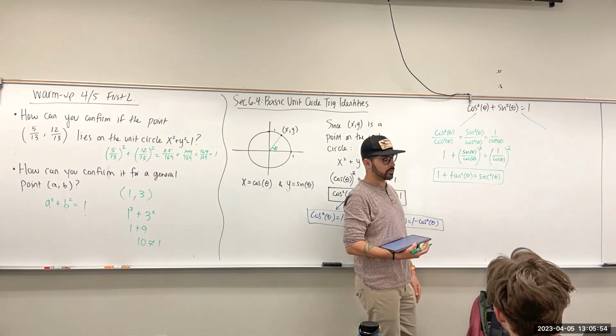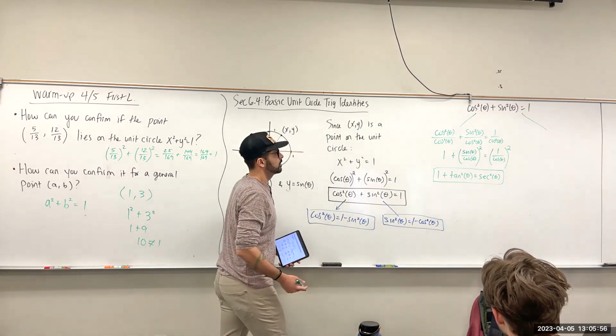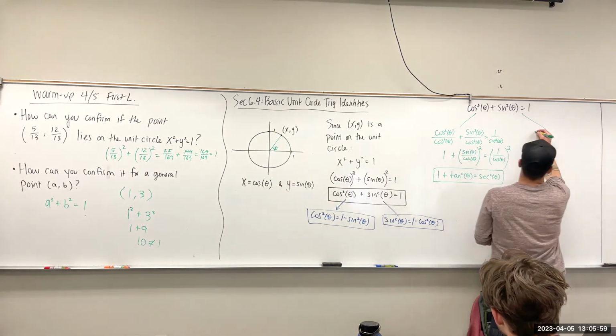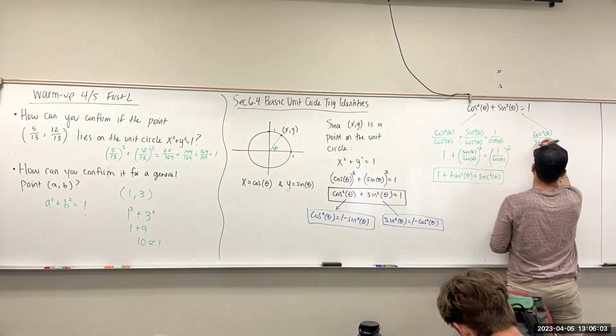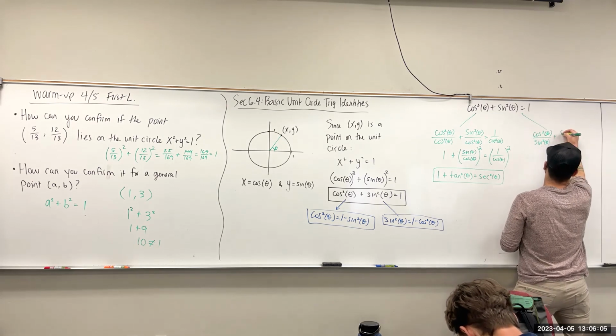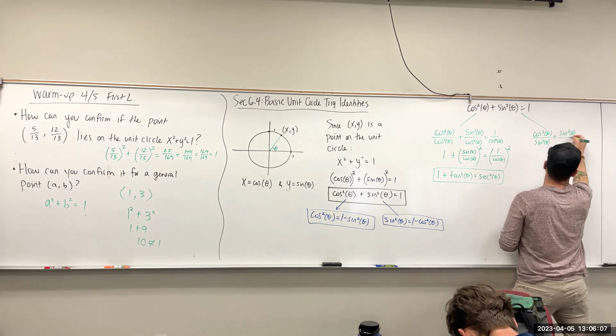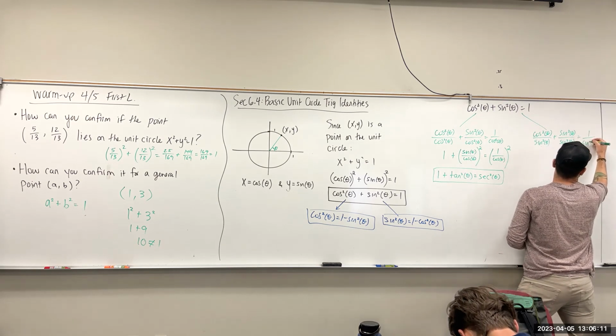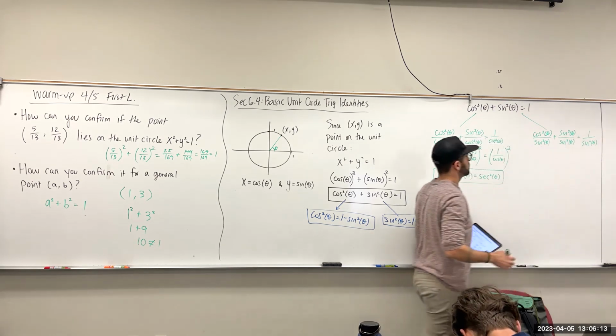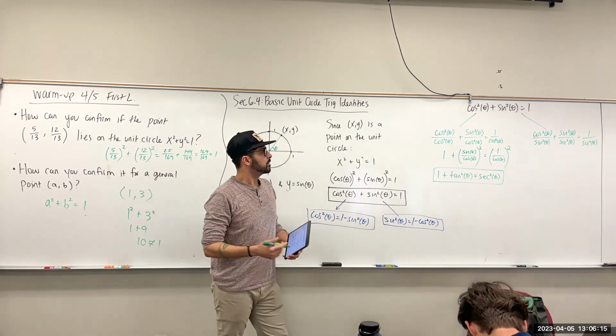Sine squared. Let's see what happens. Let's get this guy, and divide that by sine squared. Divide the sine squared by sine squared, and divide the 1 by sine squared. All we're doing is manipulating here.